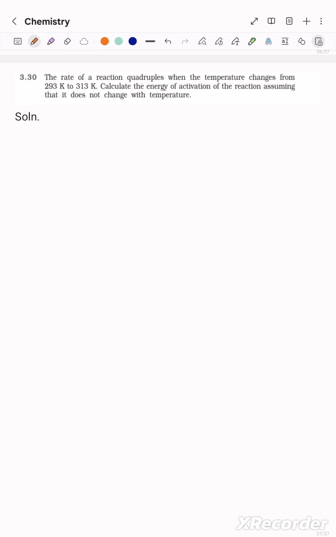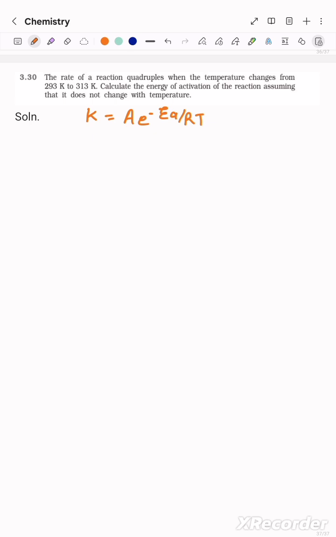So here first we write the Arrhenius equation, k is equal to A e to the power minus EA by RT. Now we know that here two temperatures are given, and we have to calculate the energy of activation in this reaction.